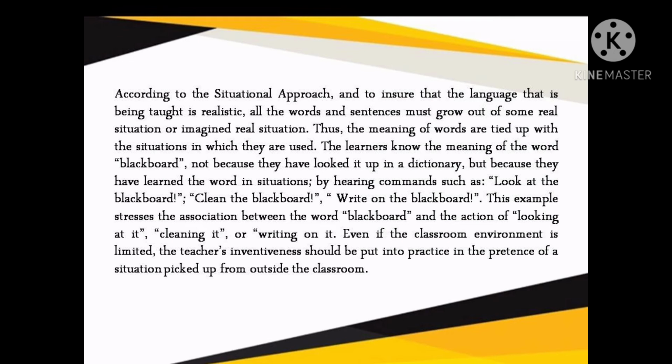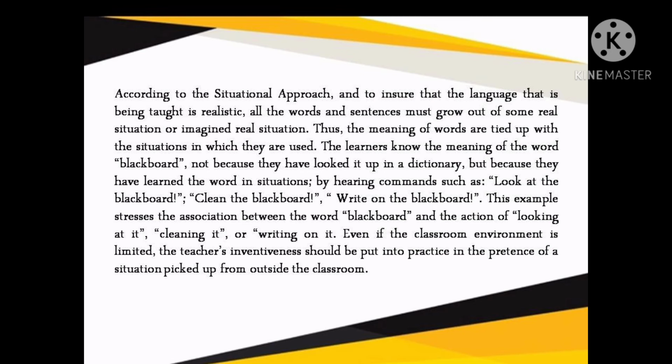The learners know the meaning of the word blackboard not because they have looked it up in a dictionary, but because they have learned the word in situation by hearing commands such as look at the board, look at the blackboard, clean the blackboard, write on the blackboard.